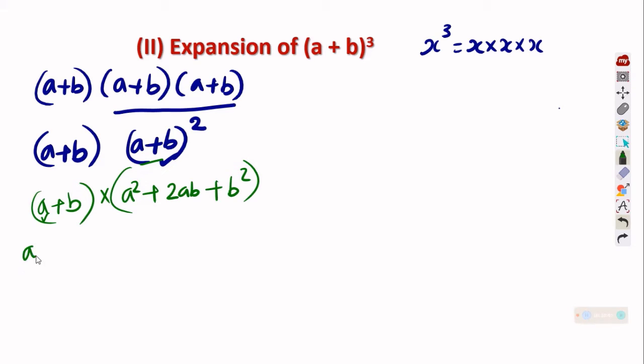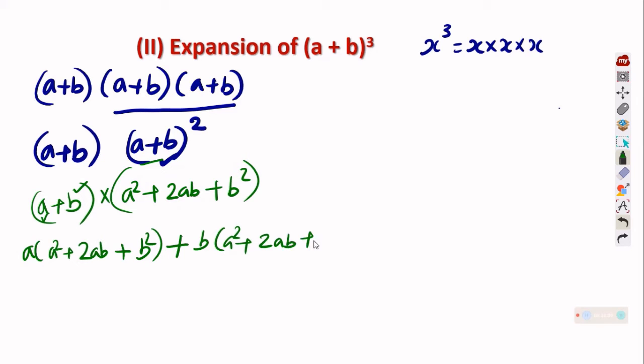That means a into (a square plus 2ab plus b square). Similarly we should multiply with b: b into (a square plus 2ab plus b square).